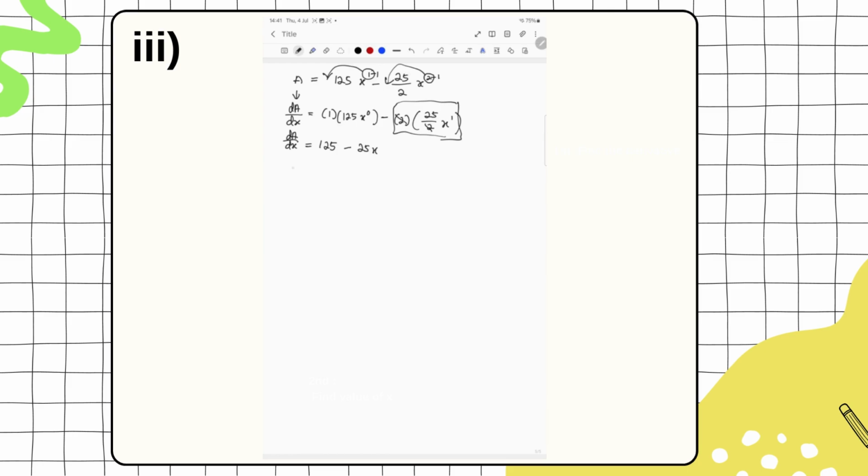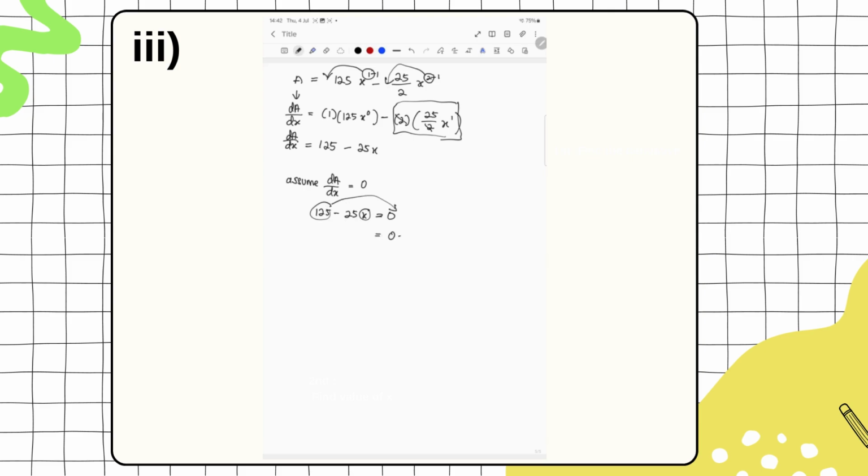So to find x, we can assume that dA over dx is equal to 0. Therefore, 125 minus 25x is equal to 0. So we need to make x alone. Therefore, we move 125 first.